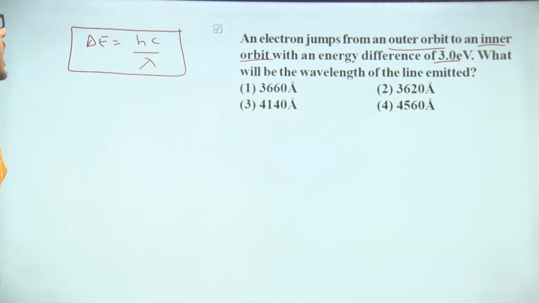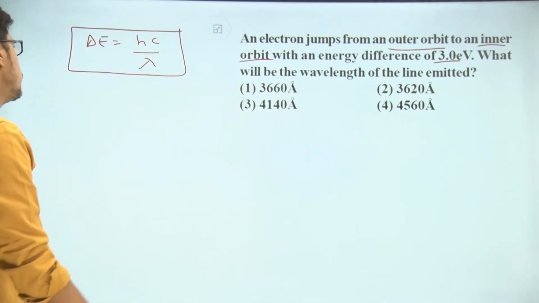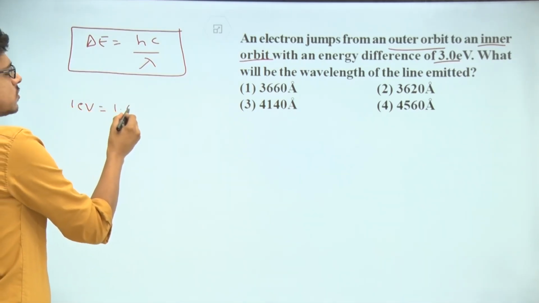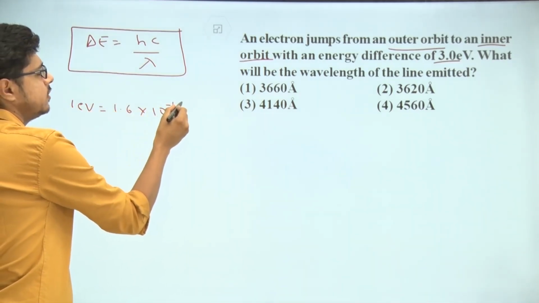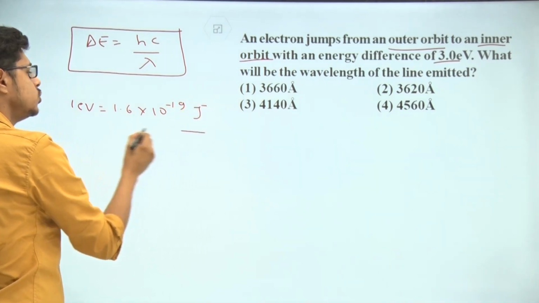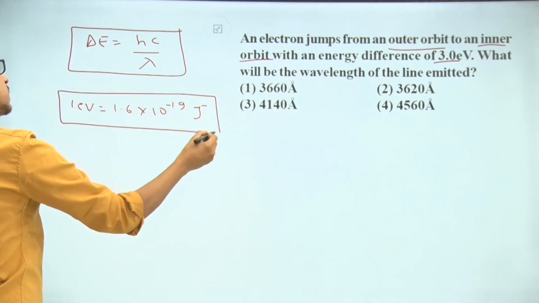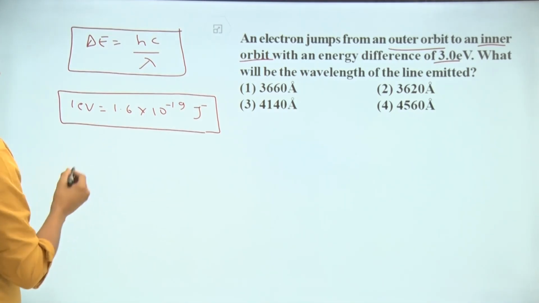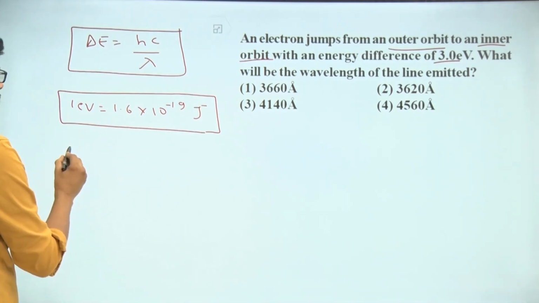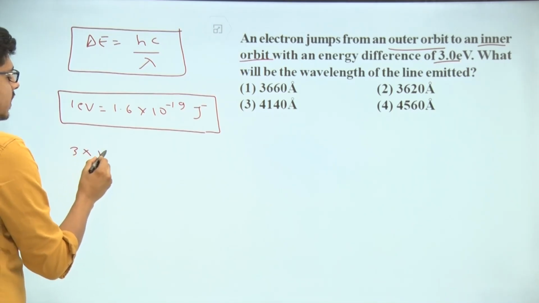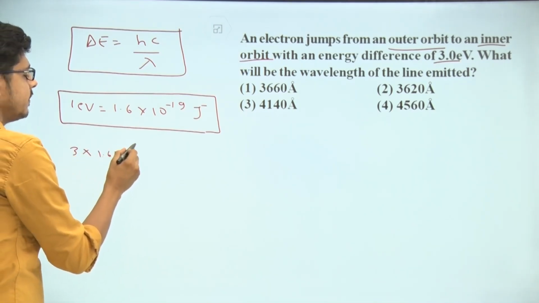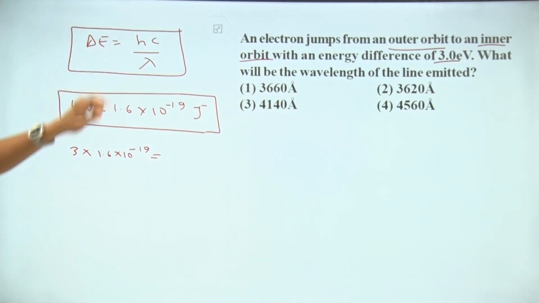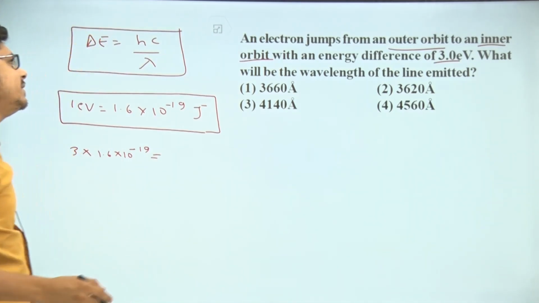Okay, so now see here, the energy difference is 3 electron volt. 1 electron volt is equal to 1.6 into 10 to the power minus 19 joules. So basically 3 electron volts is equal to 3 into 1.6 into 10 to the power minus 19 joules, and delta E is equal to hc by lambda.